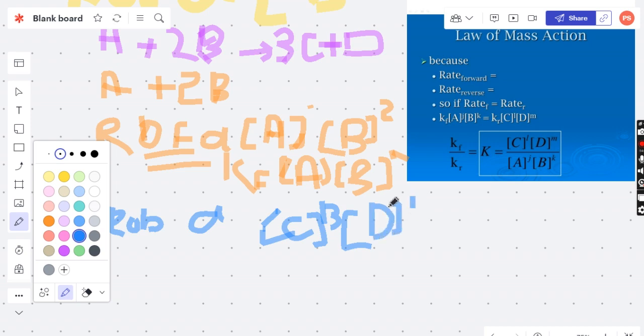When you remove the proportionality sign, you get a constant Kb, the constant of the backward reaction.